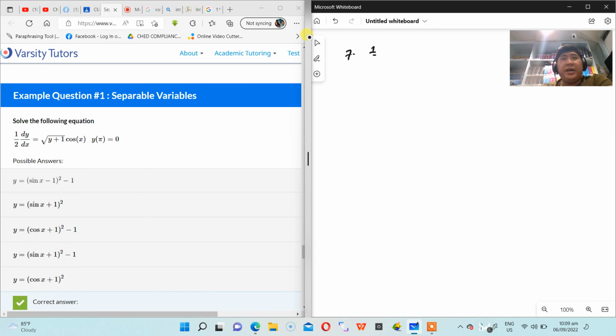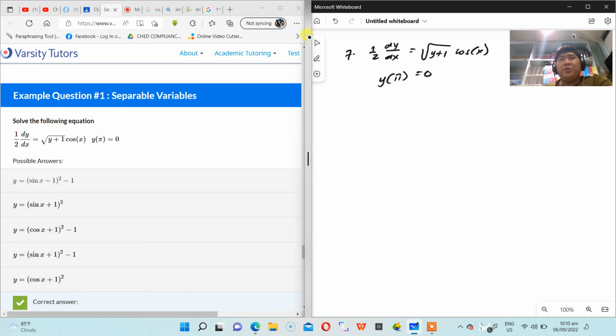So we have 1/2 dy over dx equals square root of y plus 1 cosine of x, where the initial value is y of pi equals 0. Meaning, x is the cause of change. If x is equal to pi, y will be equal to 0.